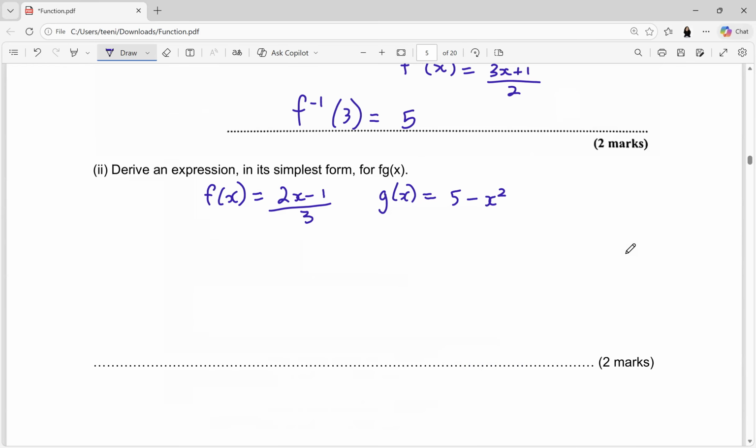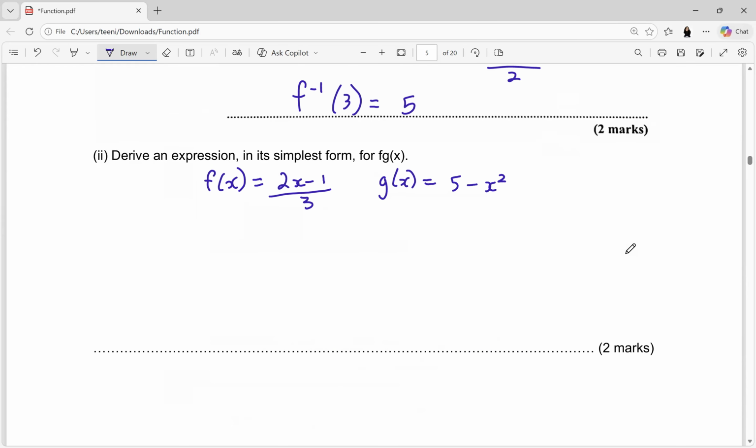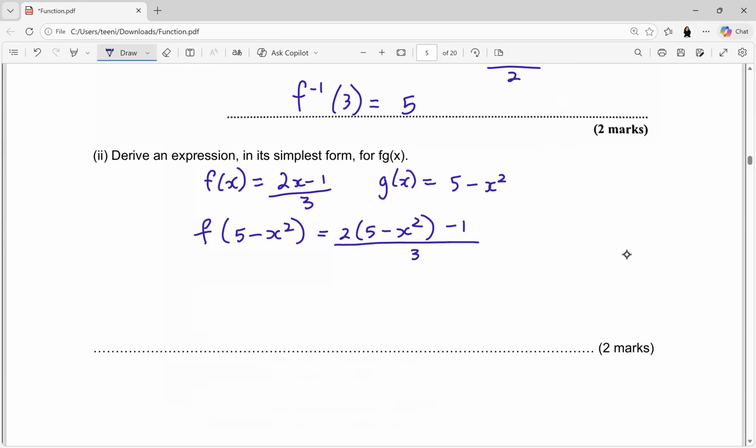To find f of g of x it means that we need to substitute g of x into f of x. So that's like finding f of 5 minus x squared, since that's what g of x is equal to. So f of 5 minus x squared will be 2 times 5 minus x squared, minus 1, all over 3.